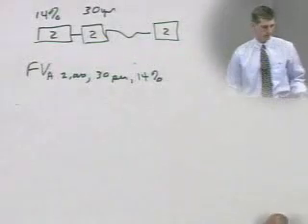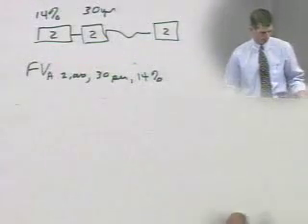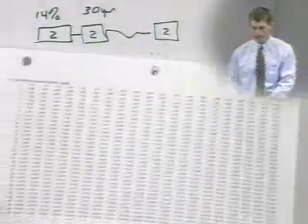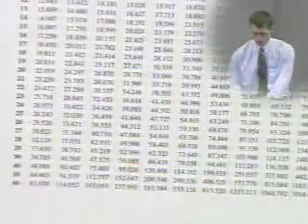What table do we look at for this? The table that says the future value of an annuity. We're going to go down to 30 periods at the bottom, and over to 14%, coming down this column right here.